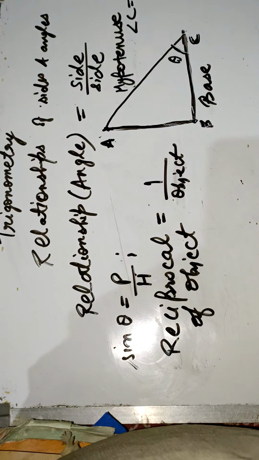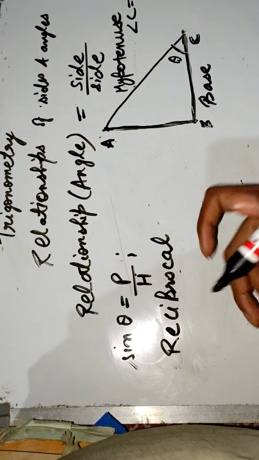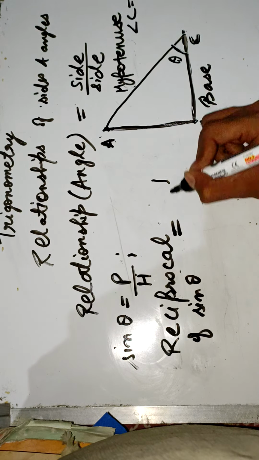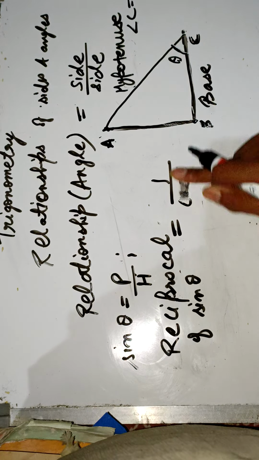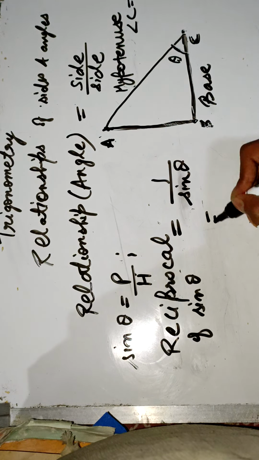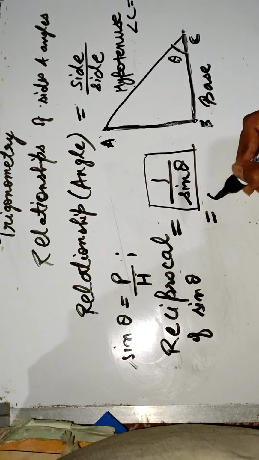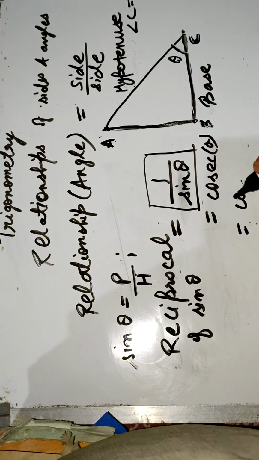Alright, so like that, let us say the reciprocal of sine theta is 1 upon sine theta, and this 1 upon sine theta is called cosec theta, also called cosecant of the angle theta.